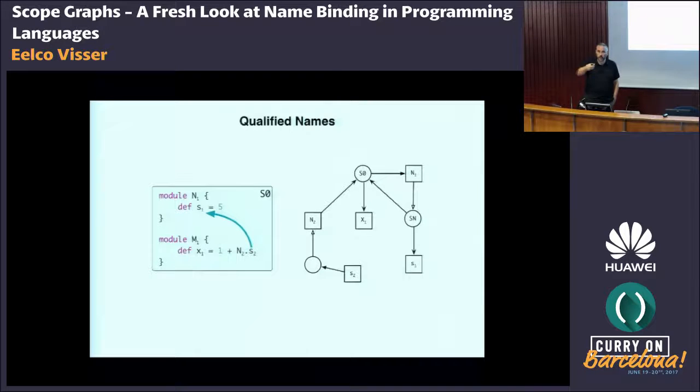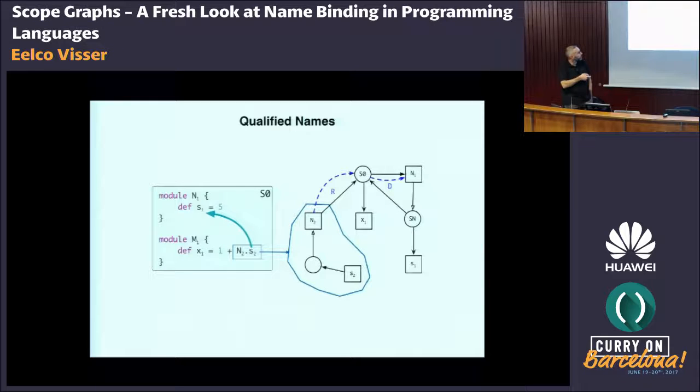Rather than importing all of module N1 into module M1, what we do is make this S2 a reference in an anonymous scope that doesn't really correspond to a block in the program. And in that scope, we import the module N, and that allows us to then resolve the module N to its associated scope, and then via the import rule, import a particular name from that module.